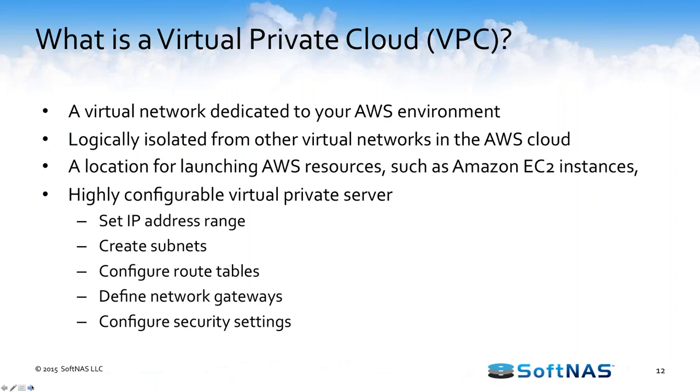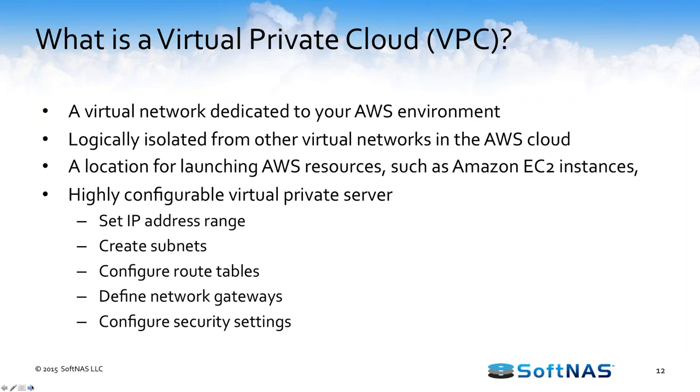It provides you with a location for launching resources, such as EC2 instances, for example a SoftNAS EC2 instance, or whatever EC2 instances you want to physically isolate into your own private environment.